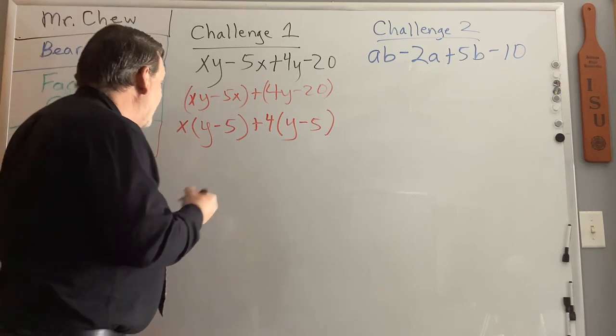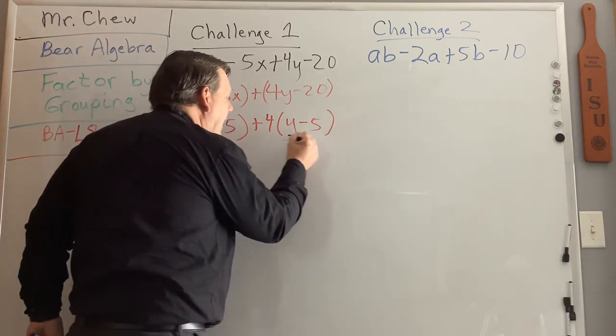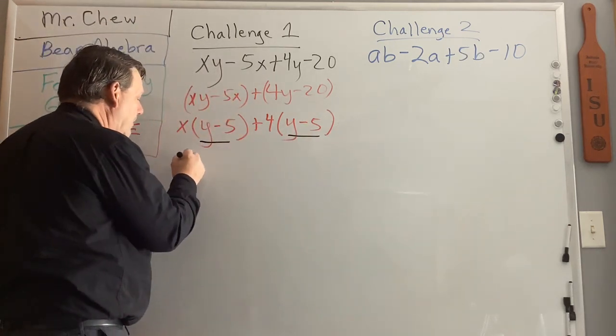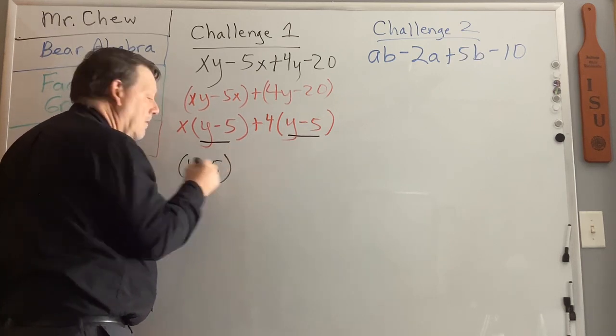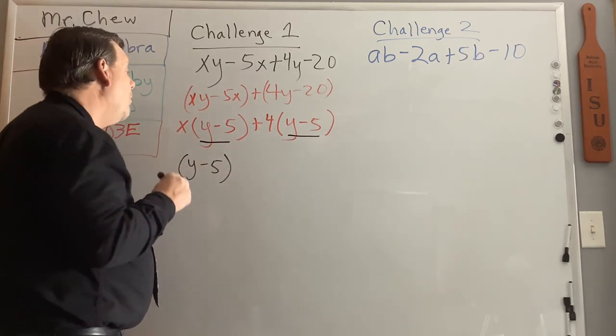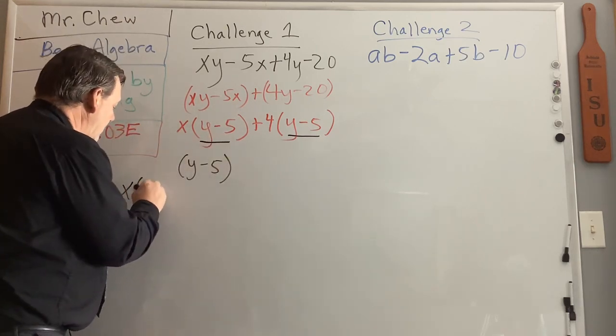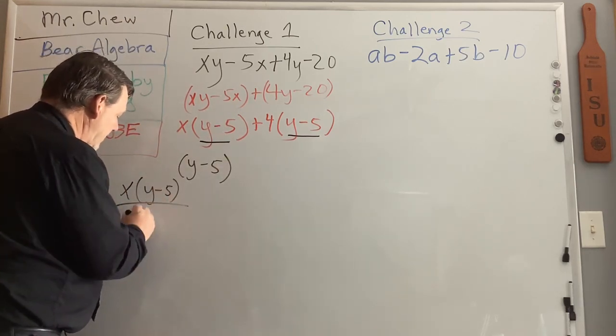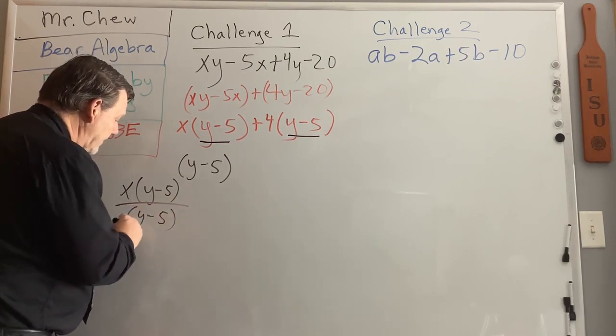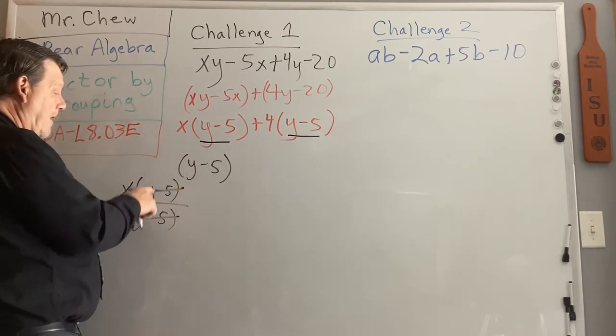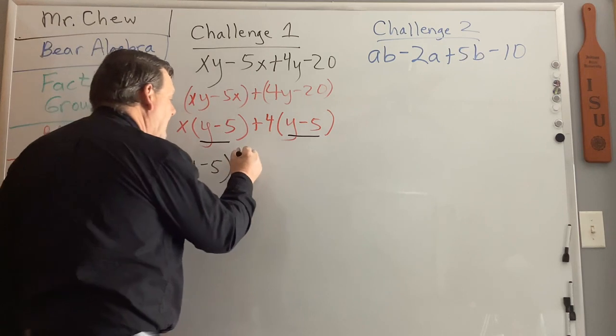So anytime that I have the same thing here and here, I bring it out. And then what's left? Well, if I divide this by y minus 5, look what happens. y minus 5 over y minus 5 is 1, and 1 times x is x.